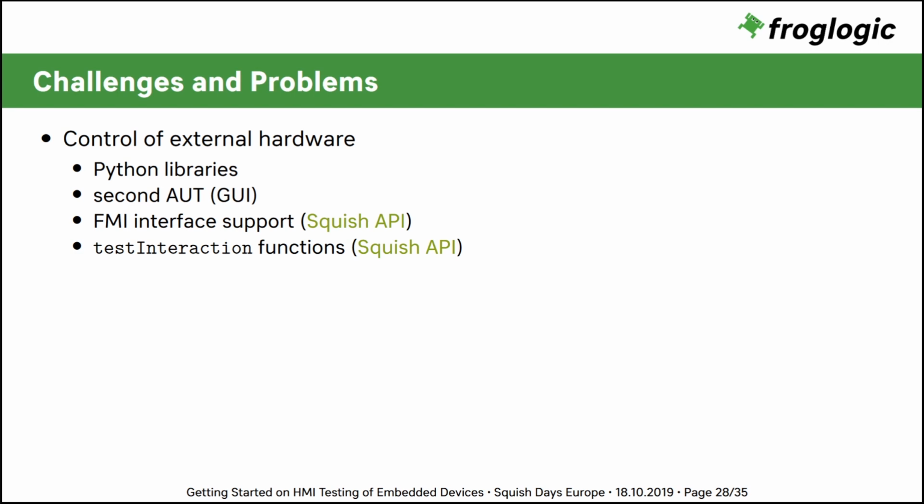So you automate that application from Squish, and then in your test scripts you have the capability to control the environment in which your main application or your main tests are being executed.